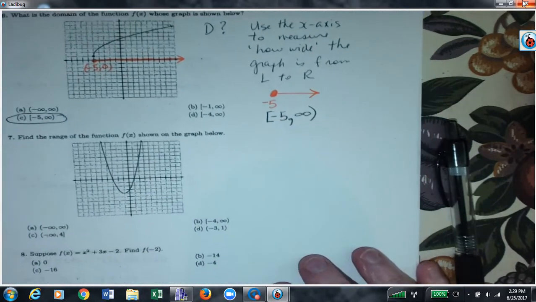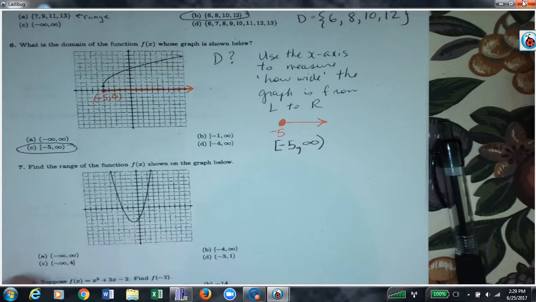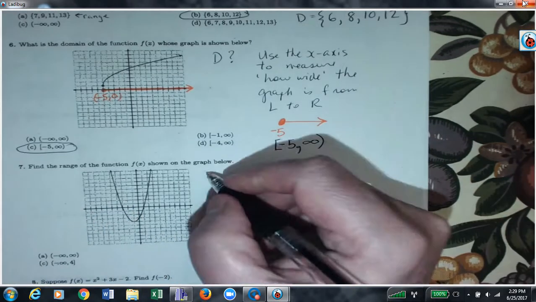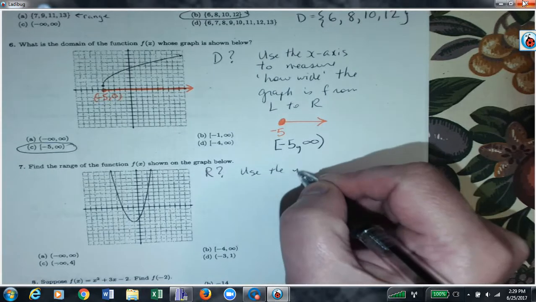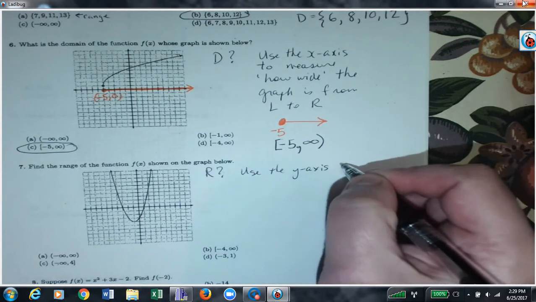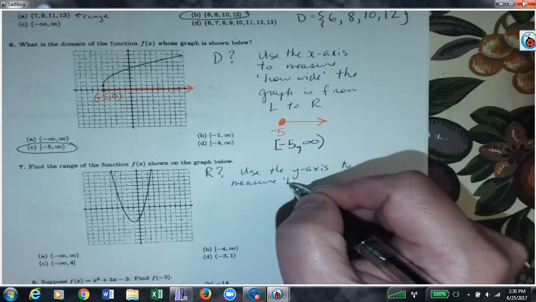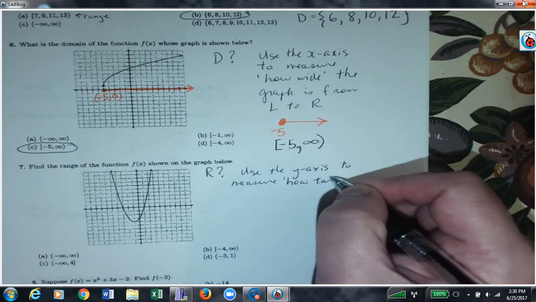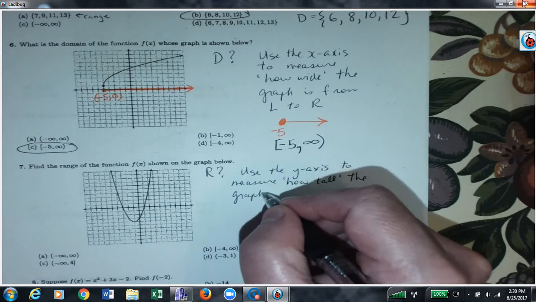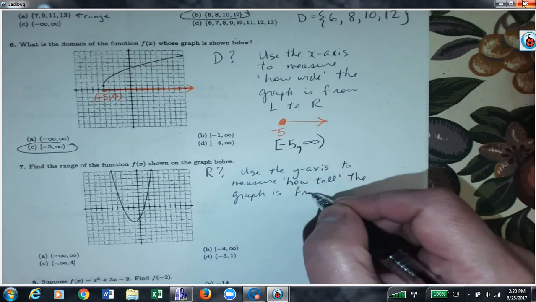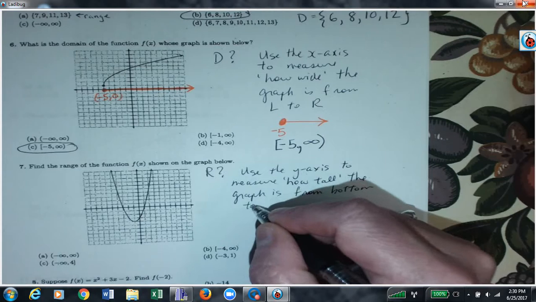Number 7, find the range. If we have the graph of a function, how do we find the range? Well, we use the y-axis to measure how tall the graph is from bottom to top.